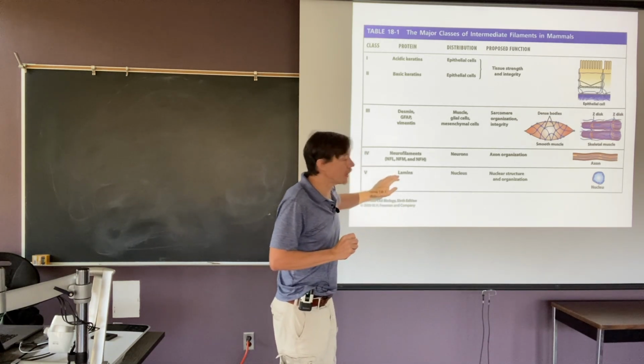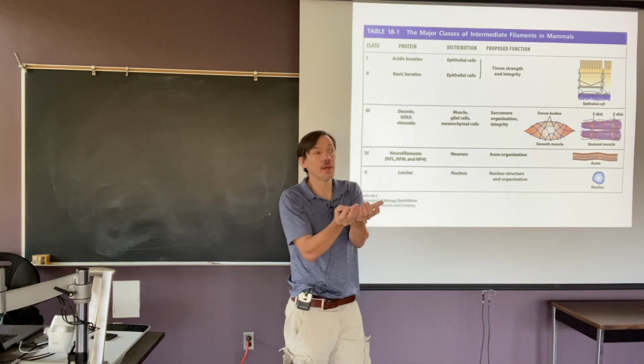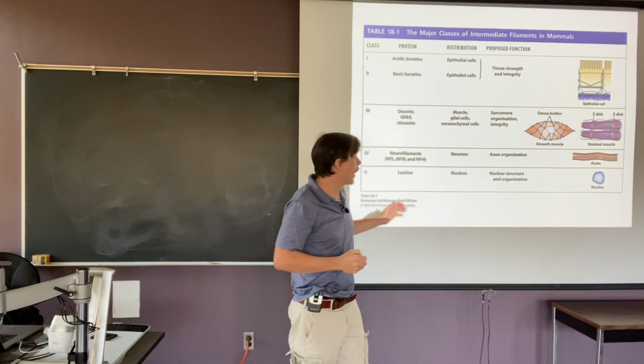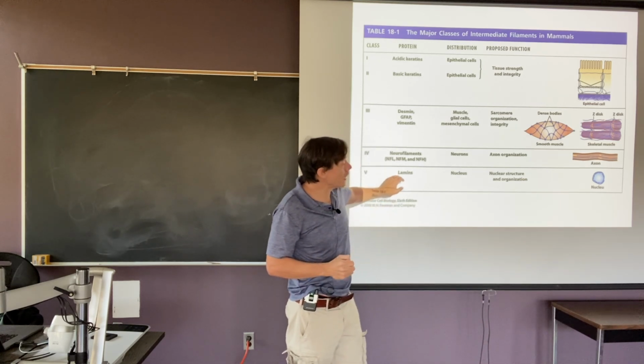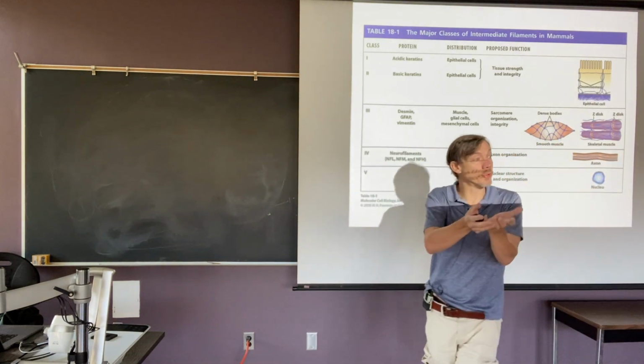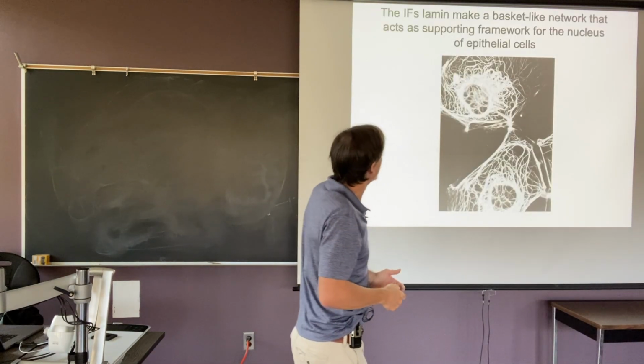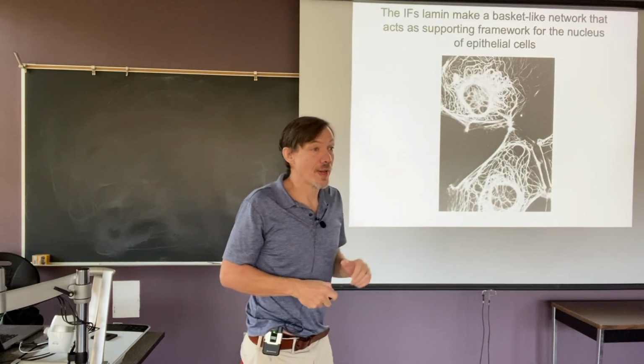And then finally, continuing this theme that intermediate filaments protect, there are intermediate filaments called lamins that surround the nucleus of our cell, and they build a little cage that helps to protect our DNA.